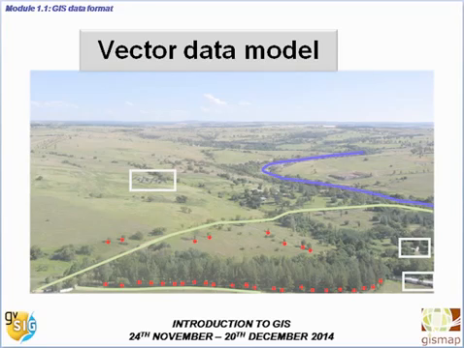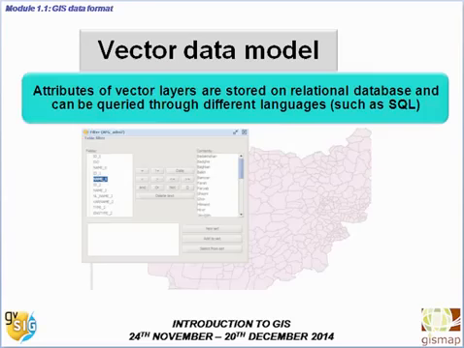You see that with the vector data model we can represent everything in the world, a field, a river, a road, some trees, and each of them can be represented as a polygon, line or point. And how can we store and query the information? We have relational databases that can be queried with languages such as SQL, which in gvSIG can be queried through a user-friendly graphic interface.